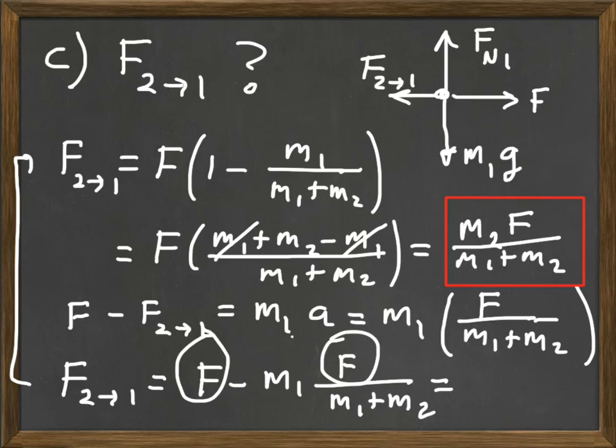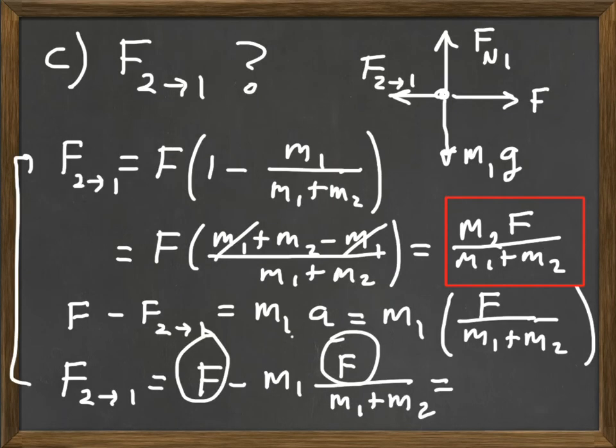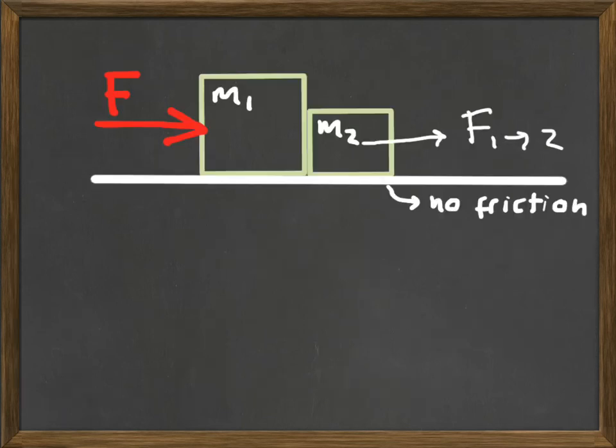Does this look familiar? Well, this is exactly what we got when we found the force that 1 puts on 2. Same result, m2F divided by m1 plus m2. So we have found here, using only Newton's second law and using different objects of interest, knowing that the objects move together, an interesting result: the force that 1 puts on 2 is equal to the force that 2 puts on 1.